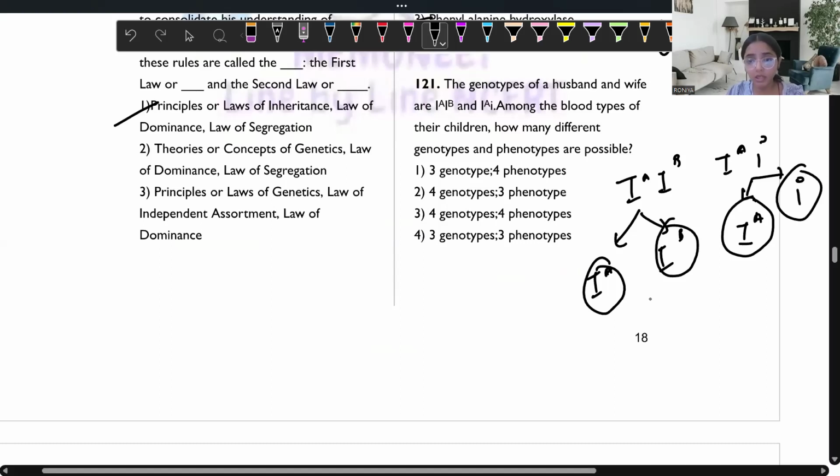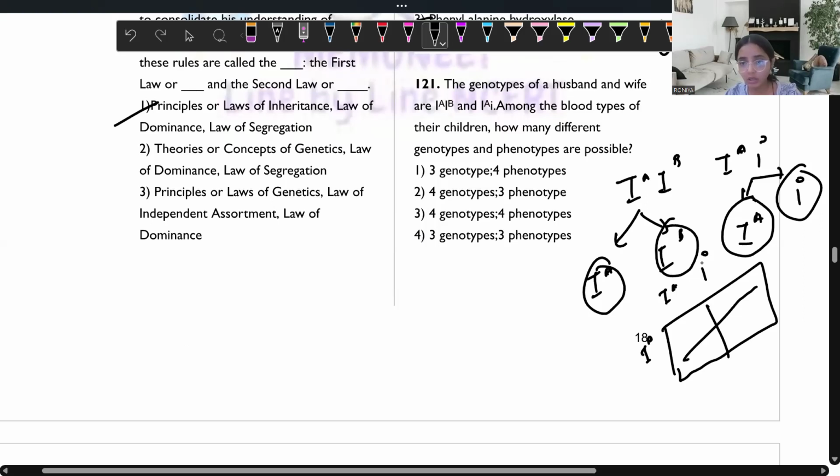Now let us make a Punnett square: IA IA, IA IB, IA i, IB i.